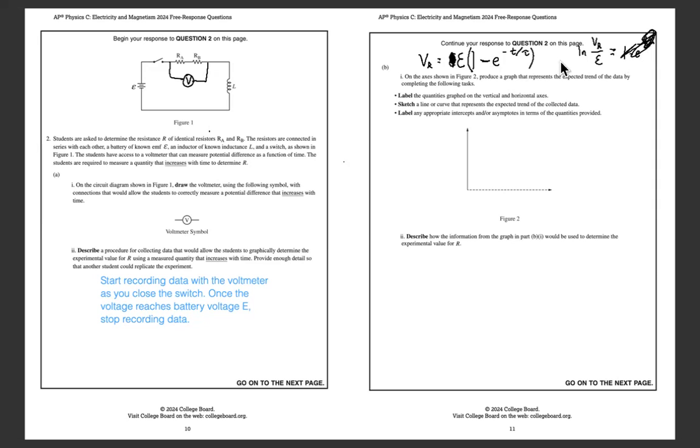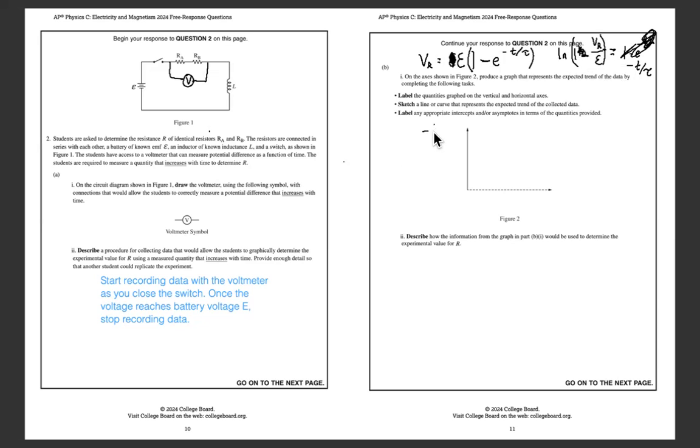Natural log of 1 minus that fraction should give you negative t over tau. Yeah, there you go. Okay. Yeah, that's fine. All right.